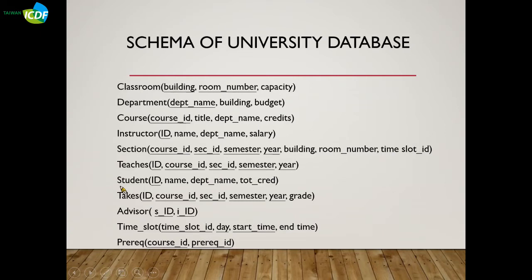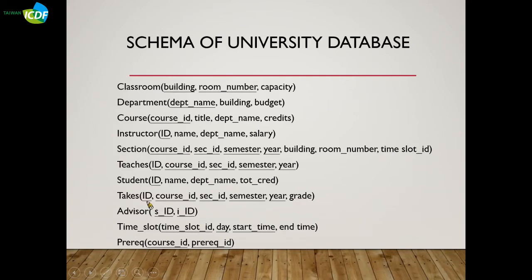As to the students table, it records all the data associated with the properties of students. There are ID, names, department names, and the total credits. And the ID is the primary key. Takes consists of these attributes: ID, course ID, session ID, semester, years, and grade.